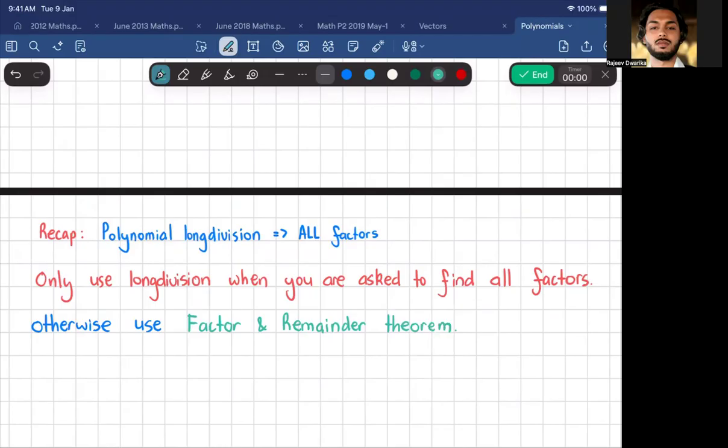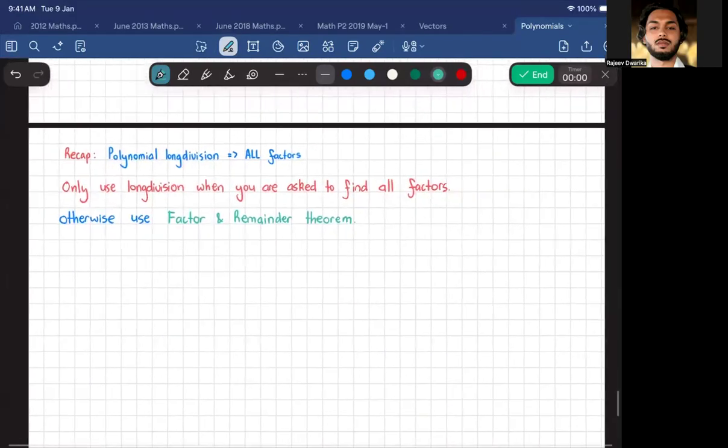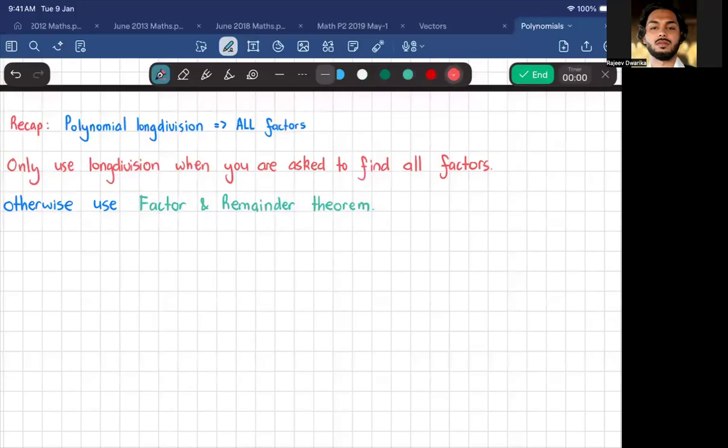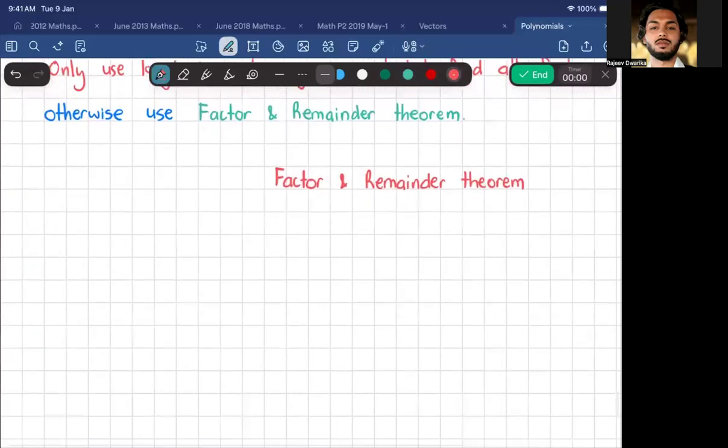Okay, great. So that brings me now onto factor and remainder theorem. Factor. Right.